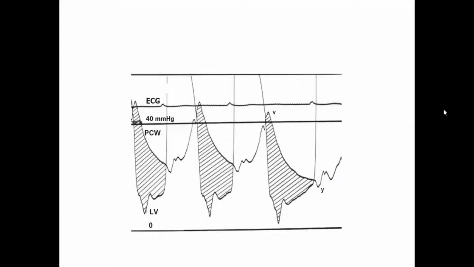So it seems there is a diastolic gradient between the LV and the left atrium. Good. So this indicates mitral stenosis, severe mitral stenosis, because it gives us here the peak around 40 for the pulmonary capillary wedge pressure. Good, so good.